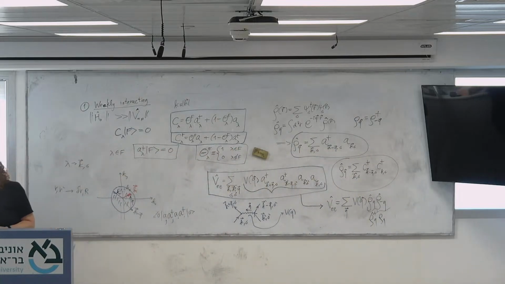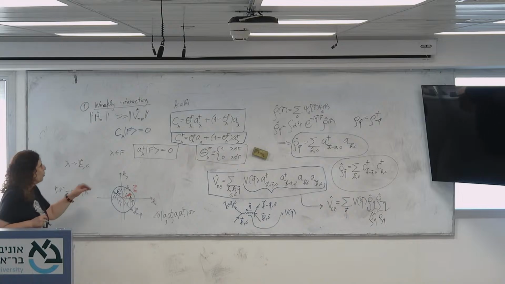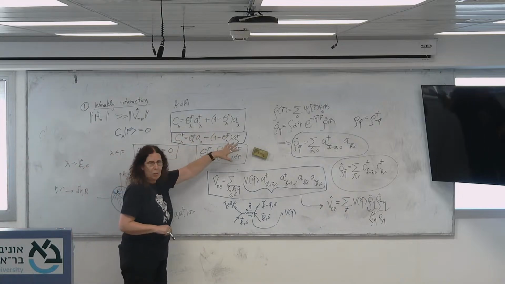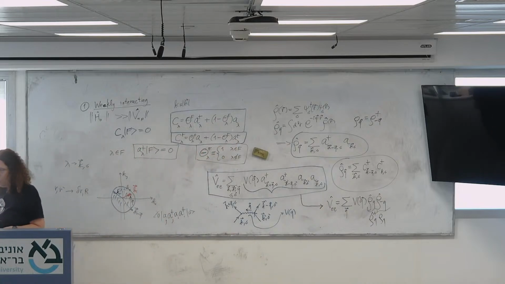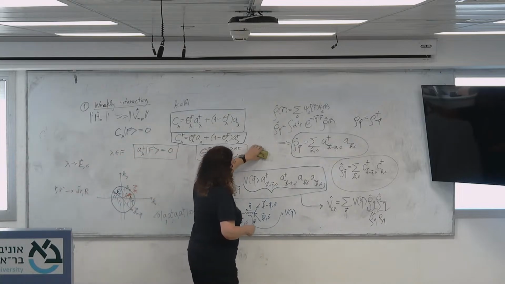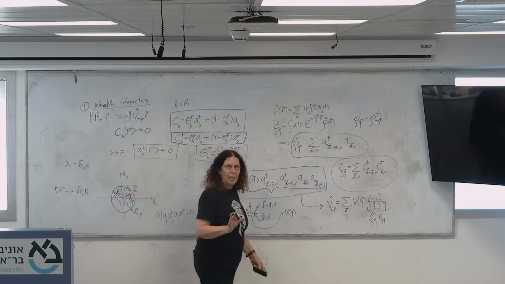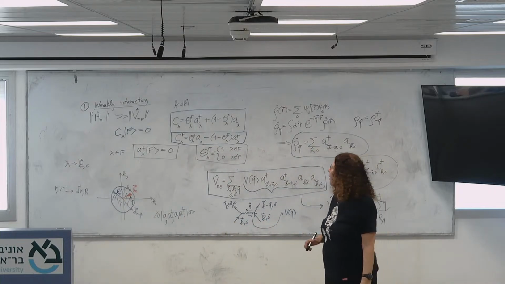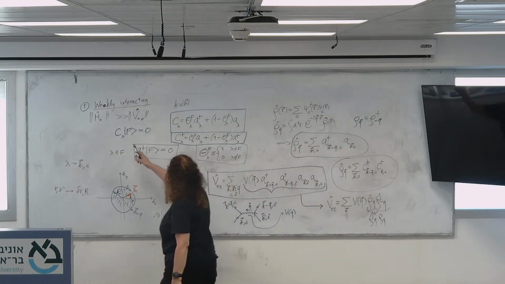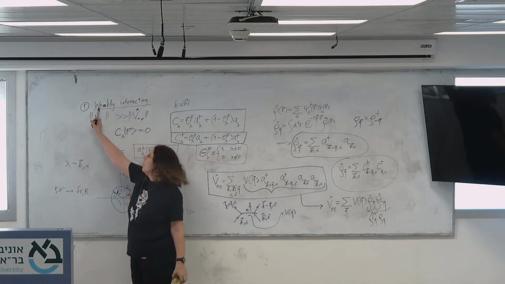Later on we are going to see how we use all these tools to compute matrix elements and so on. But now I want to move to another example. So up till now, what did I do? I looked at a particular case where I have weakly interacting particles.